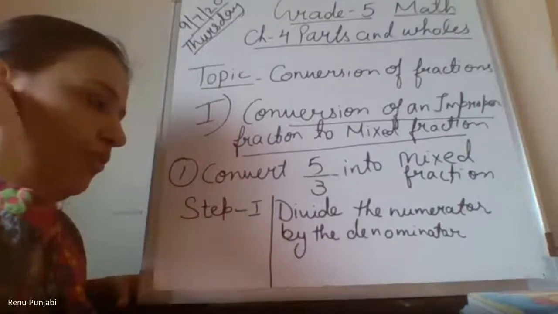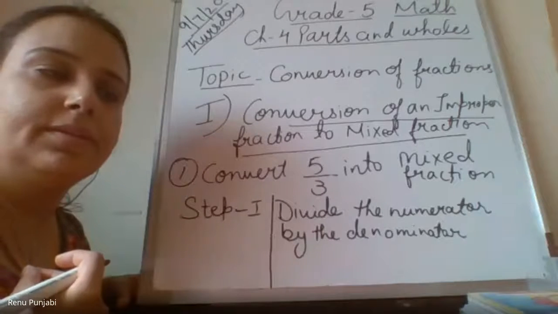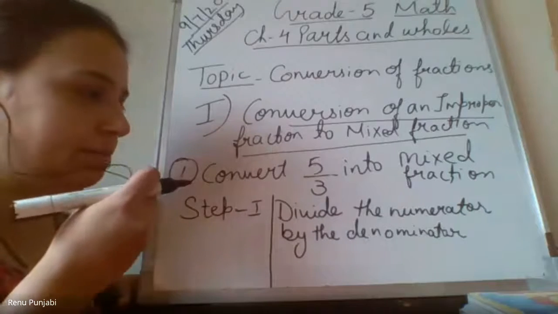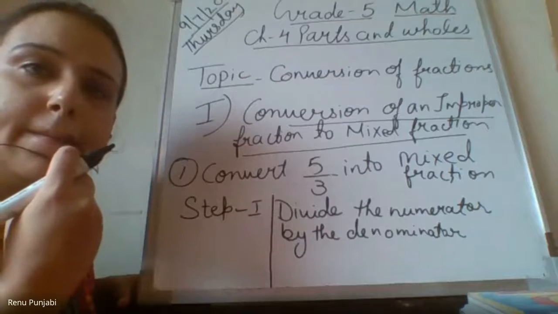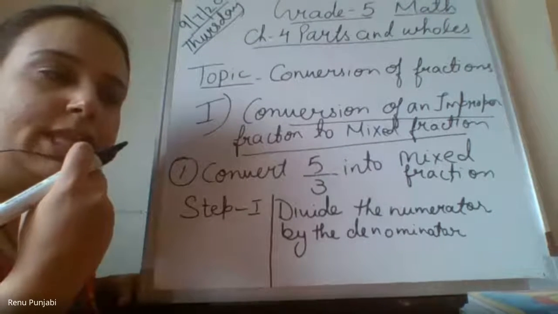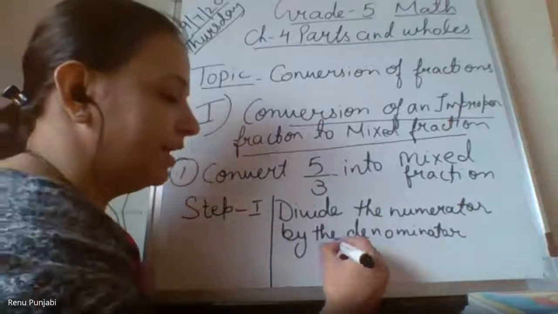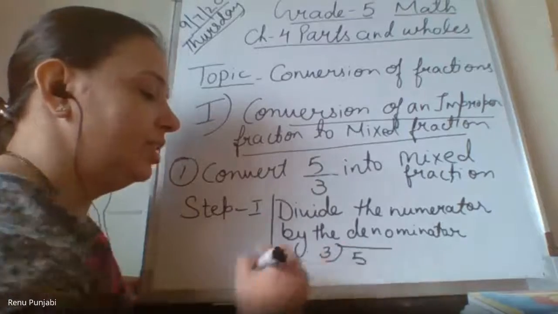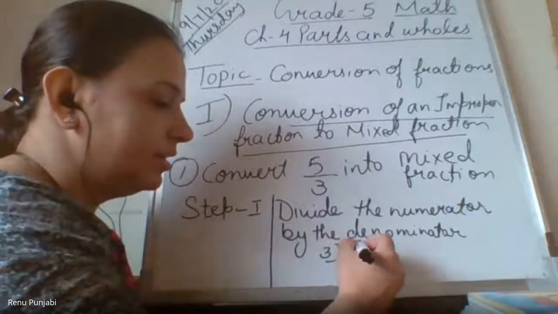Yes. So 5 will be divided by which number? Vedansh? 3. Yes. Thank you. So 5 will be divided by 3. So we write 3 here and 5 here. In the table of 3, 3 ones are 3.